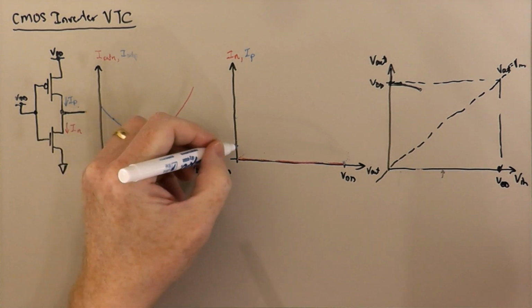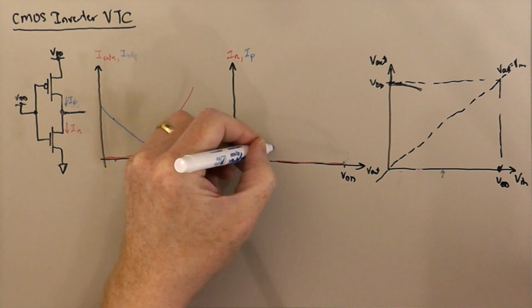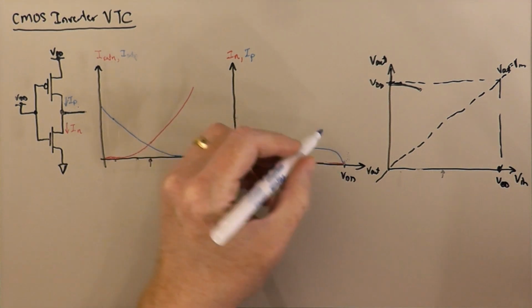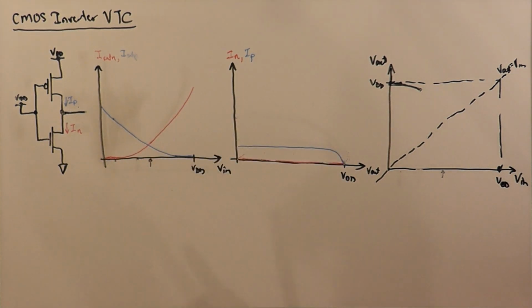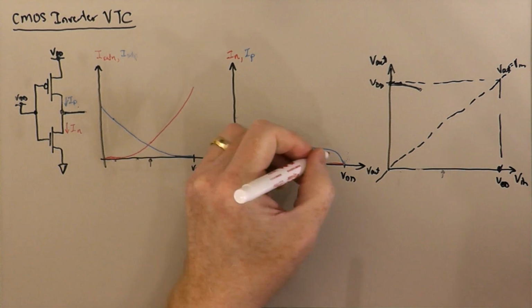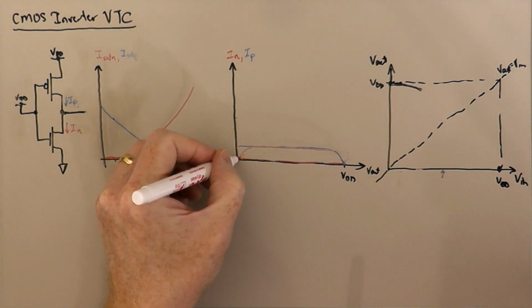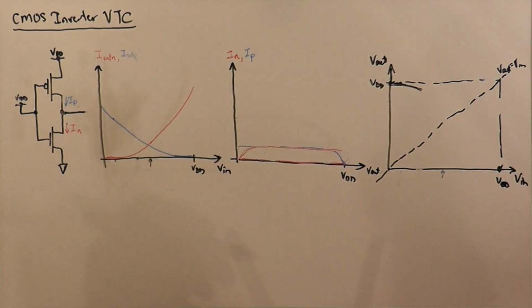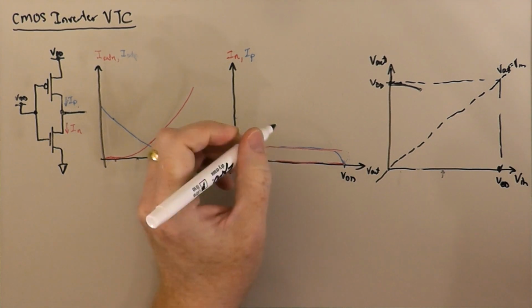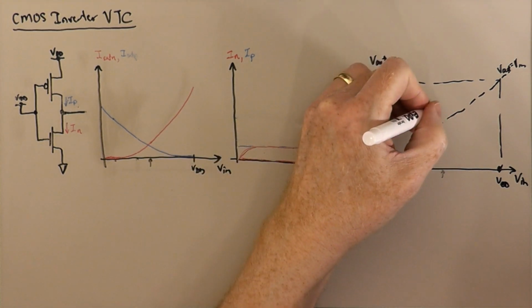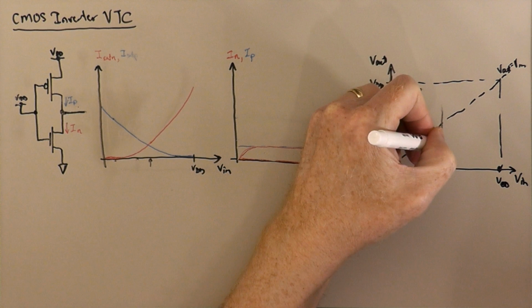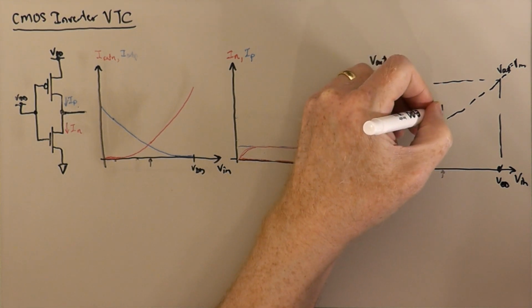Our PMOS saturation current level maybe looks like that. And our NMOS saturation current level is about the same, only its characteristic is going to look more like this. And so, who knows precisely where they cross? We could denote that by just having kind of a vertical line here.